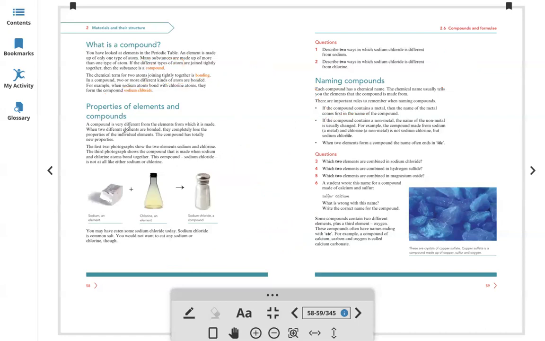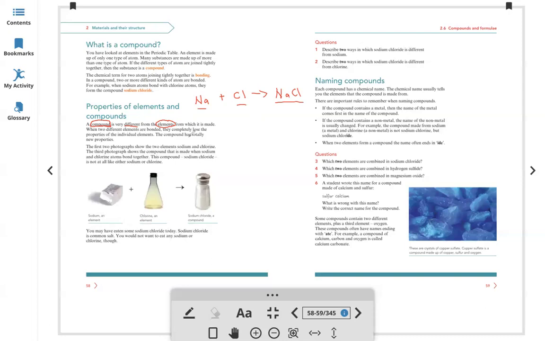So we can see from here, a compound is very different. This one you need to highlight also, the characteristics. The new compound's characteristics are very different from the elements it originally formed from. We use back the same example, Na plus Cl. They will form NaCl, meaning these characteristics are different from here and here.